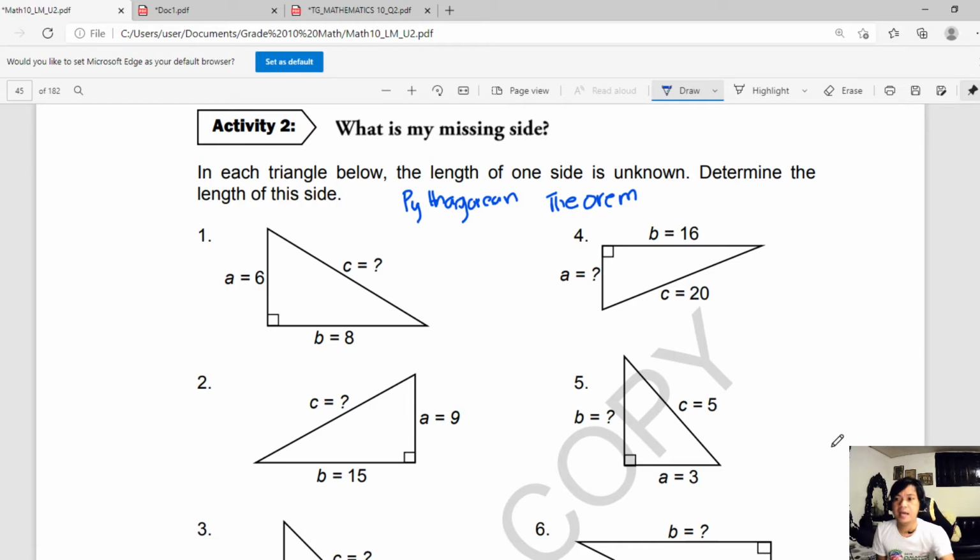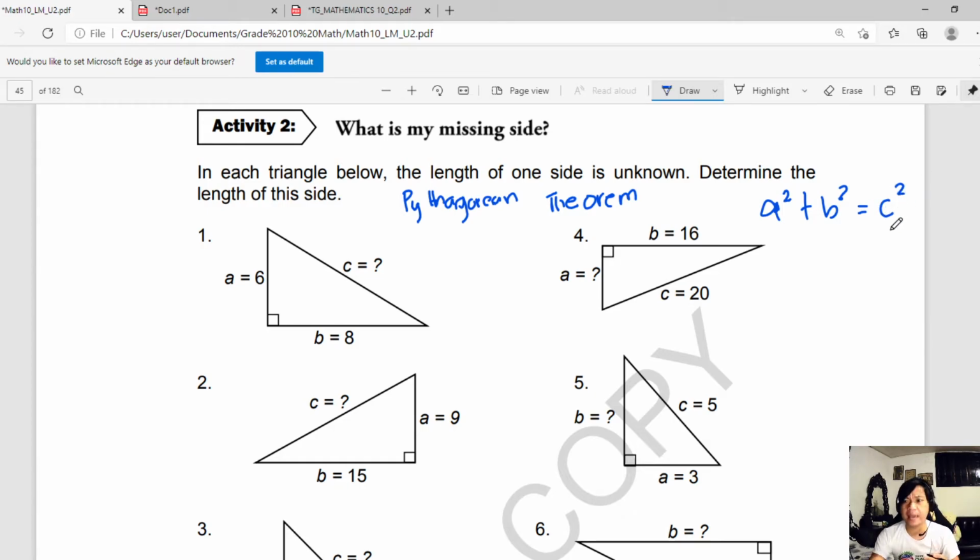In formula, remember the ABC. So, A squared plus B squared is equal to C squared. This is what he says in his formula, the Pythagorean theorem: the sum of the squares of the two legs of a right triangle is equal to the square of the hypotenuse.